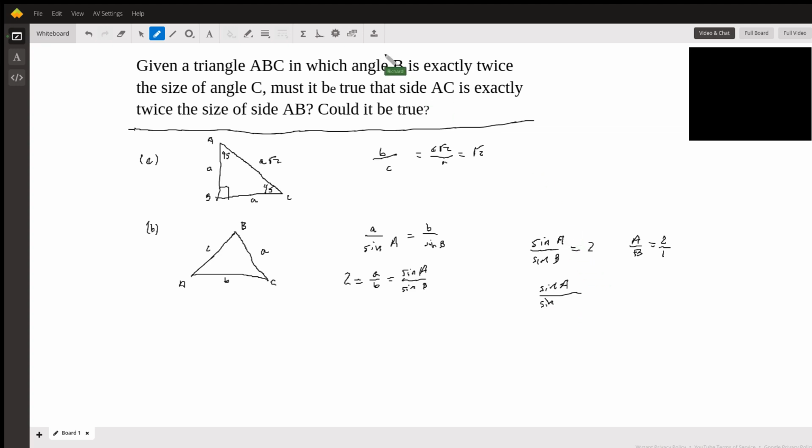Sorry, sine of A is the bigger one, so A is the bigger one, so this is sine of 2B over the sine of B. And there's a double angle formula, again math that you probably haven't seen in school yet, about the sine of twice the angle.